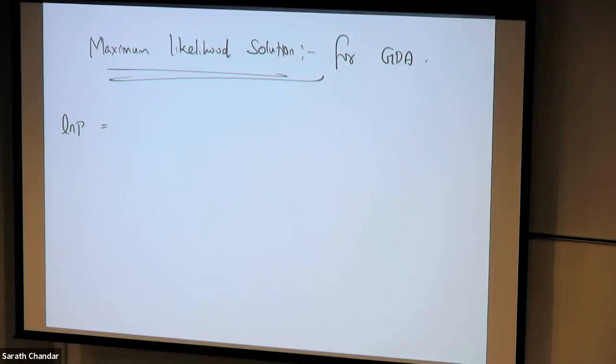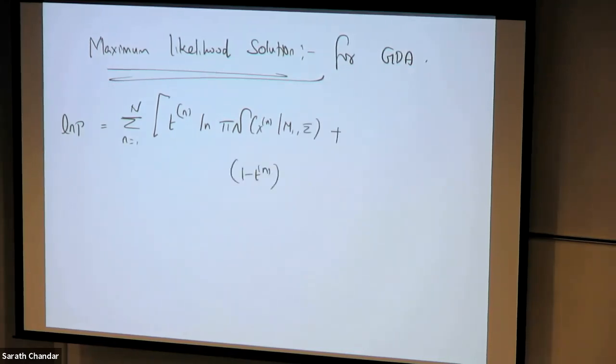So ln p is given by summation over n equal to 1 to capital N, t of n ln pi, the first Gaussian, plus 1 minus t of n ln 1 minus pi, times the second Gaussian, x n given mu2 sigma.